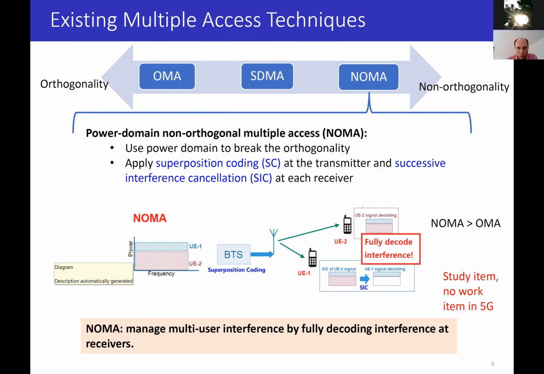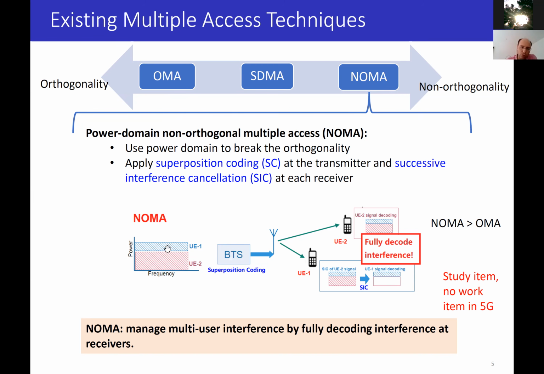And the way it works is the following. If we have a transmitter with one antenna and two receivers, let's say single antenna receivers, the base station wants to deliver two messages, one to user 1 and one to user 2, in the same time and frequency resources. So how do we do that?